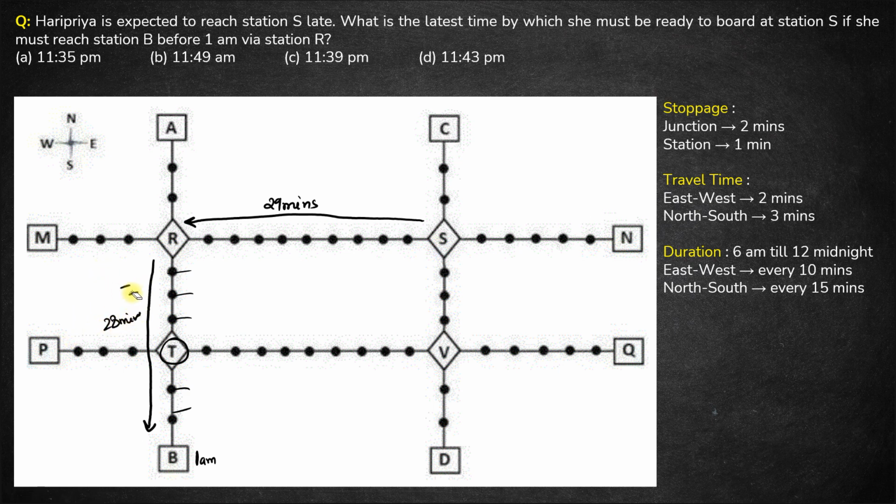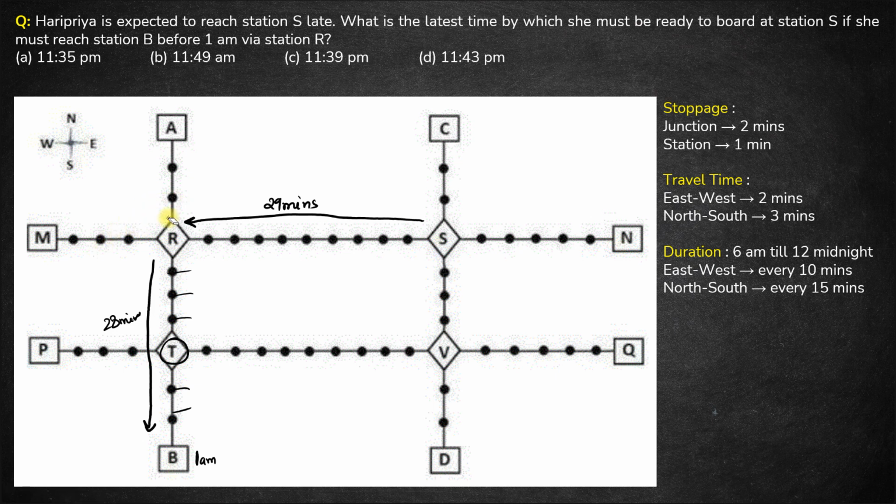So if she wants to reach by 1 am, she should leave R latest 28 minutes before 1 am. So 28 minutes before 1 am is by 12:32 am. This is the latest she should leave R, right?